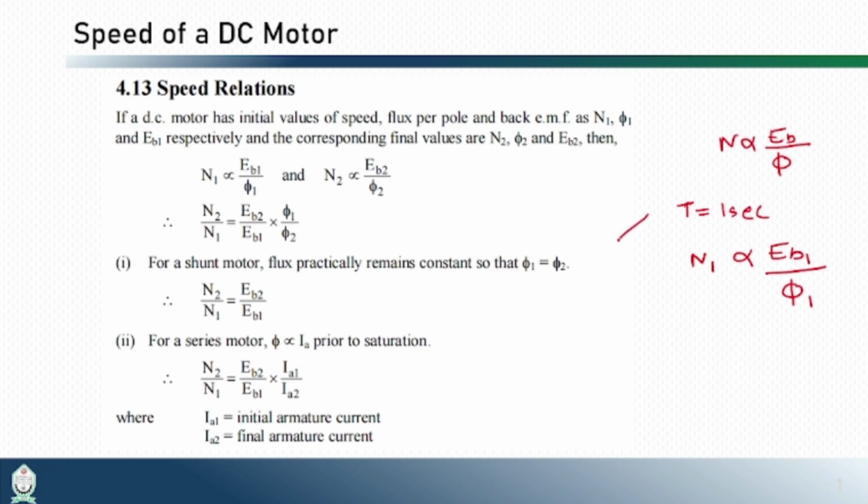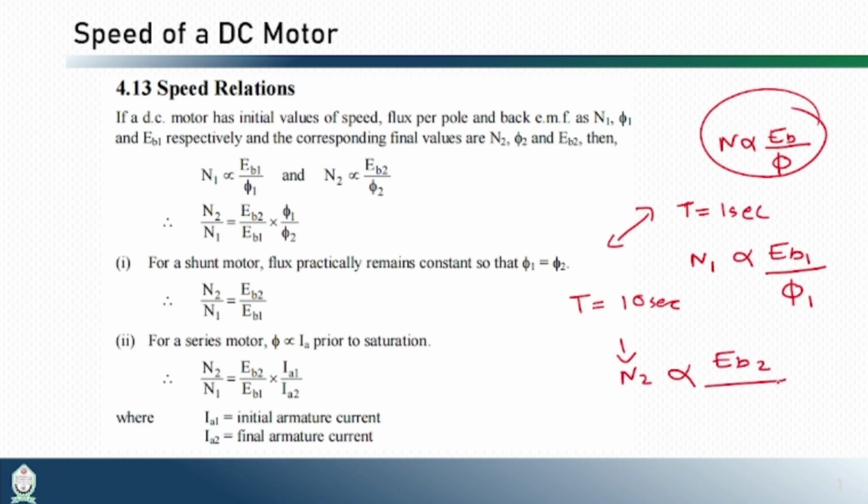And let's say we consider the state of the motor at t equals 10 seconds. Obviously as time progressed, the speed of the motor changed. Let's say at that point the speed of the motor is N2, and going by this equation, it is proportional to some other back EMF Eb2, and inversely proportional to some other available flux, phi 2.